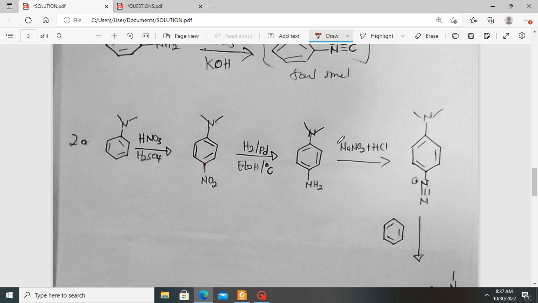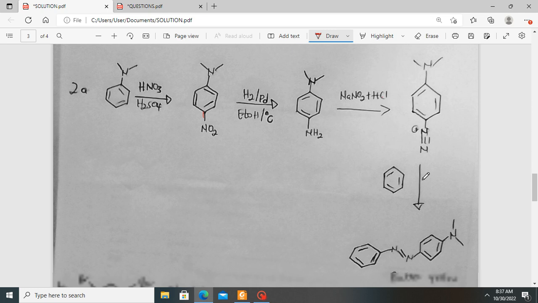Then you add nitrous acid, which is HNO2, formed from the reaction of sodium nitrite and HCl, and that forms a diazonium ion. This compound is a diazonium ion, and it is not stable, hence it can be replaced.